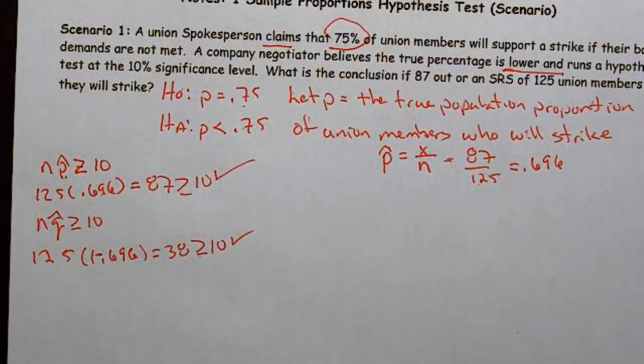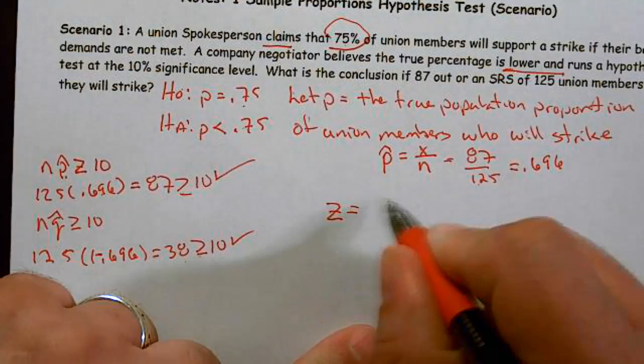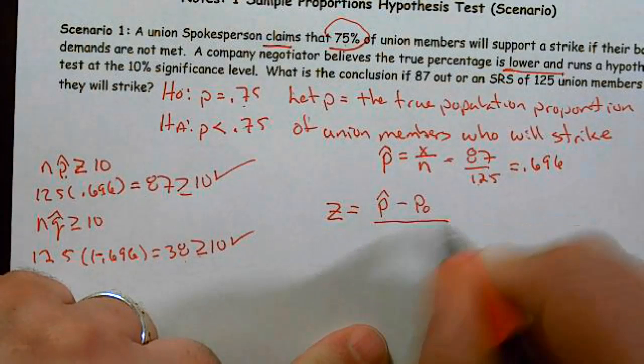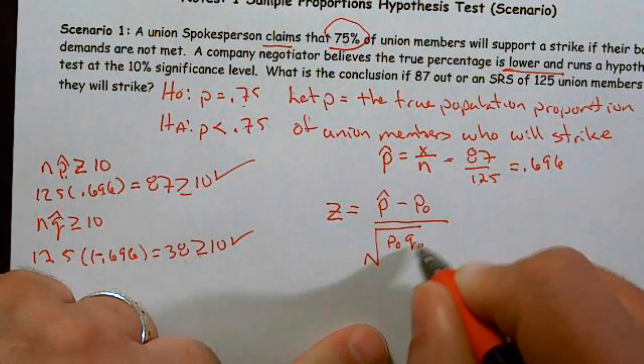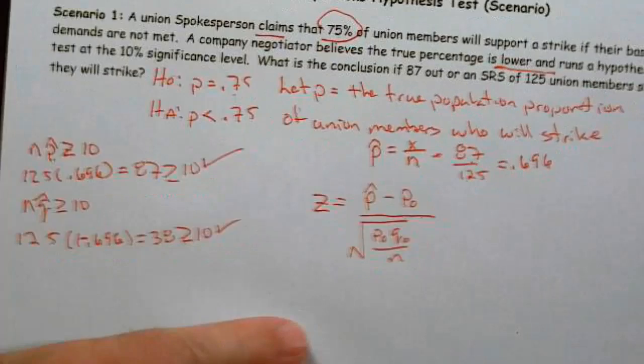So I need to go ahead and write my equation. Well, my equation for proportion is z equals p hat minus p naught, over the square root of p naught q naught over n. All right, now I can start plugging in.